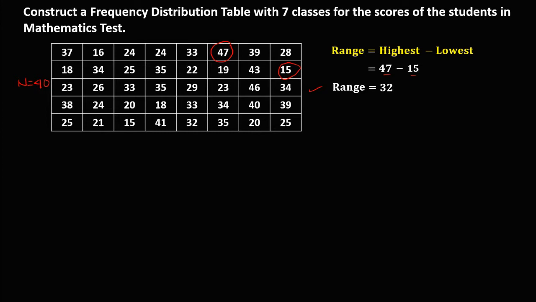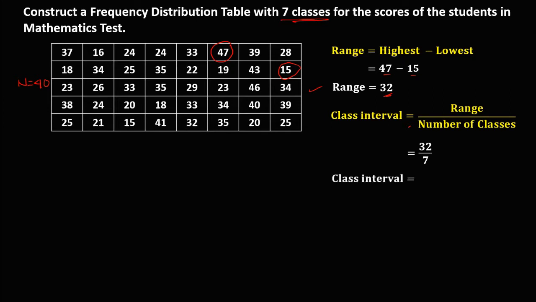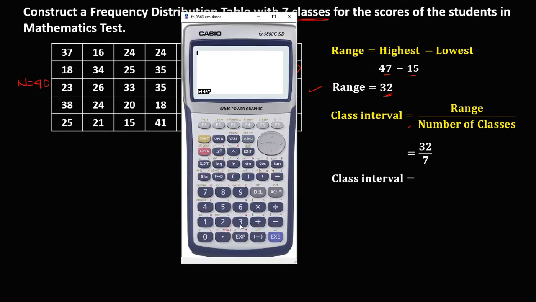After solving for the range, we can solve for the class interval. The formula for the class interval is the range over the number of classes. The range is 32 and we have 7 classes for the FDT, so class interval is equal to 32 over 7. 32 divided by 7 is 4.5.